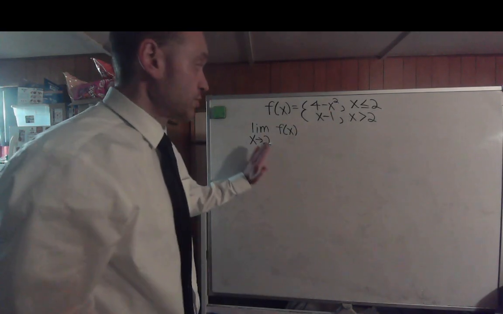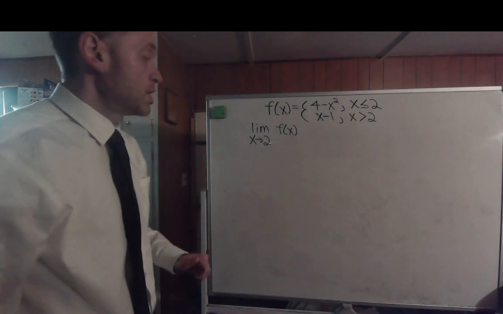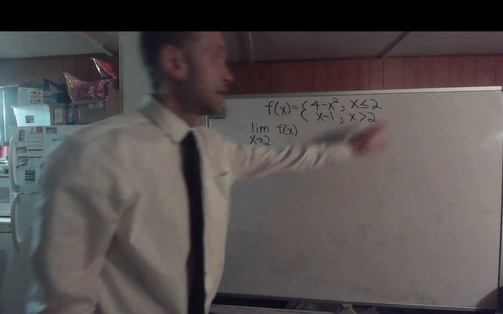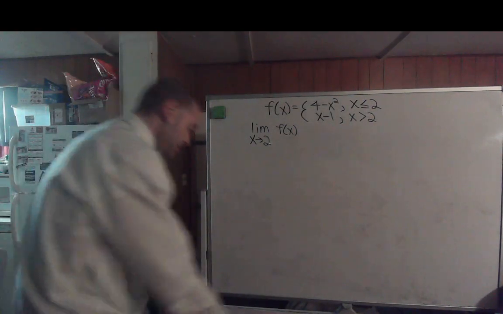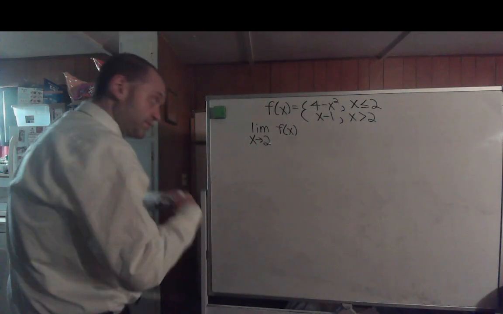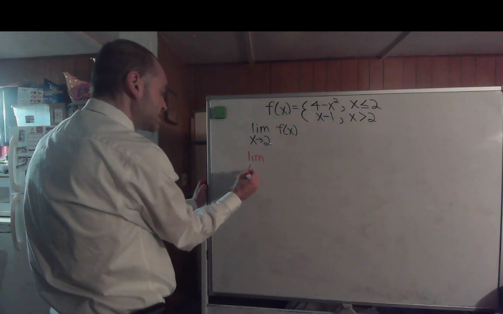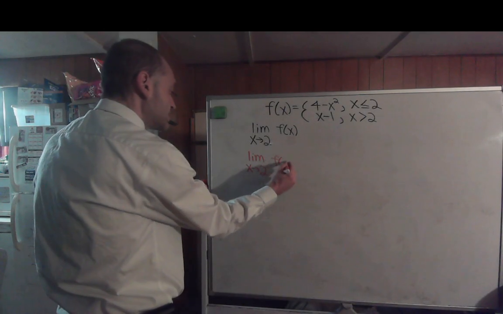If we look to the right of 2, it behaves as x minus 1. So that means if we're going to find the limit right at the break point, we need to do a left-handed and right-handed limit. So let's first take the left-handed limit of this function. So let's take the limit as x approaches 2 from the left of f of x.